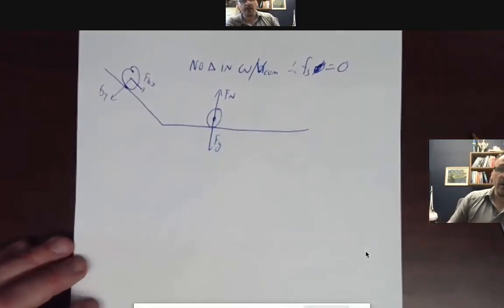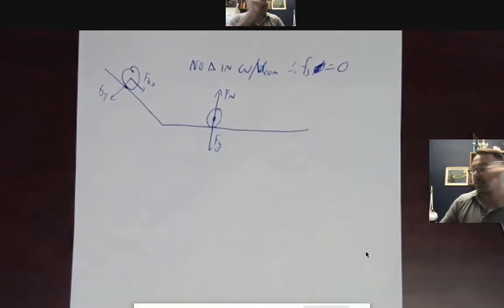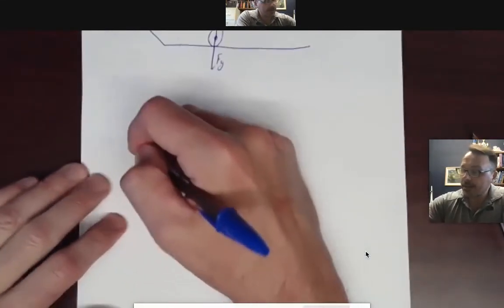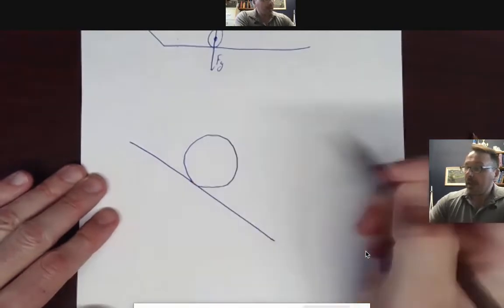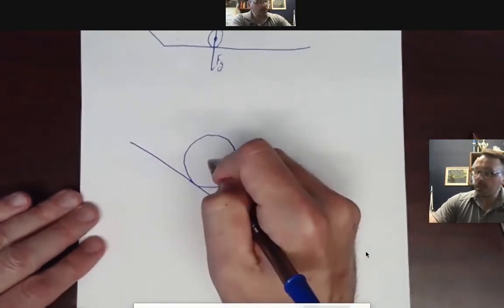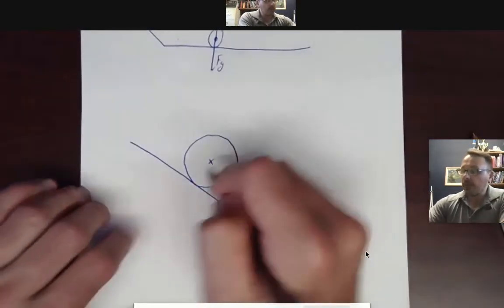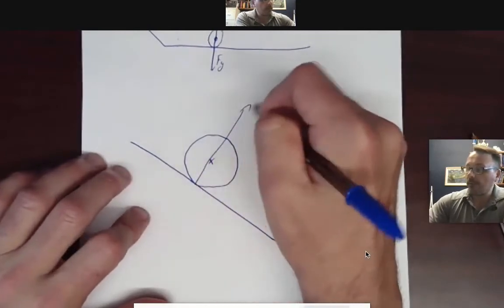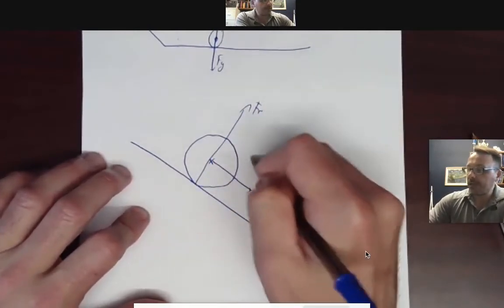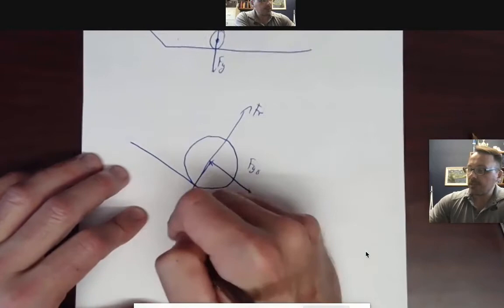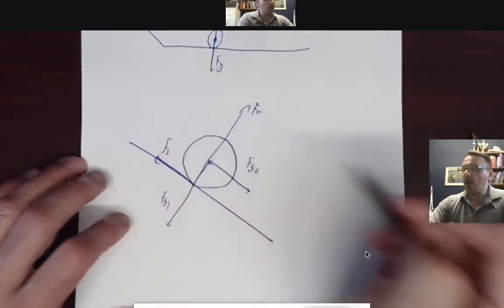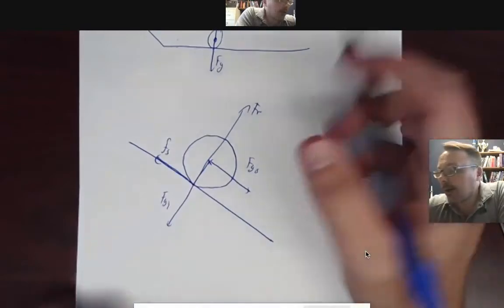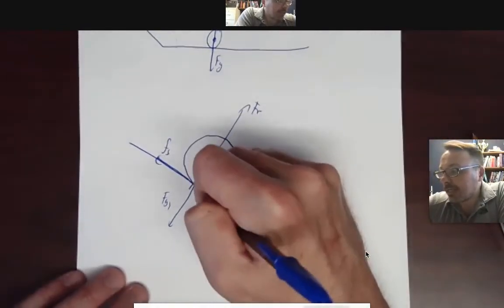So another way that we can conceive of this, let's go back to an object that is rolling without slipping. Once again, here's the center of mass, and we have the normal force, Fgx, Fgy, and static friction. I can also do something really interesting here.